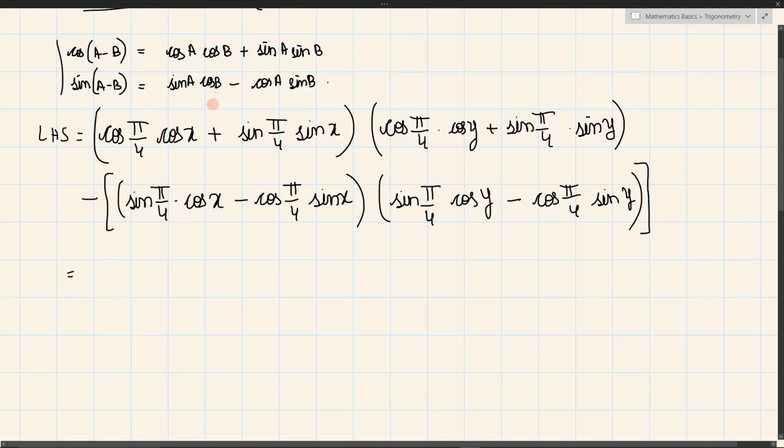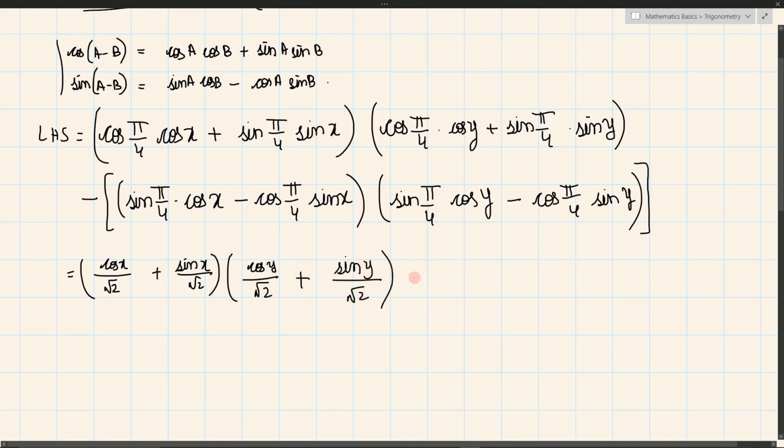So in all the terms, we can further simplify this. Since we know the value of 45 degrees, we can write it as cos x by root 2 plus sin x by root 2, multiplied by cos y by root 2 plus sin y by root 2.